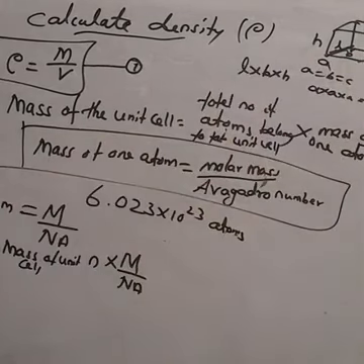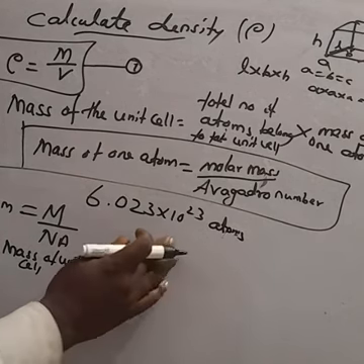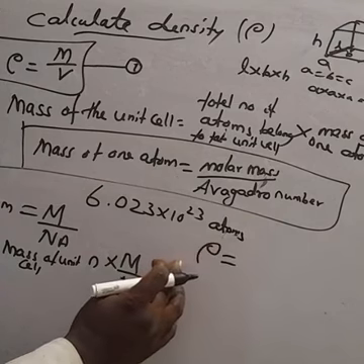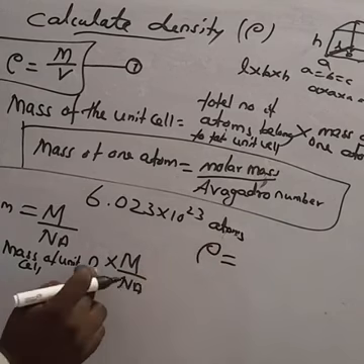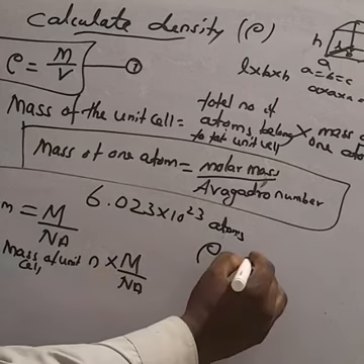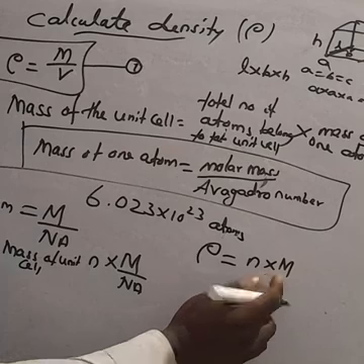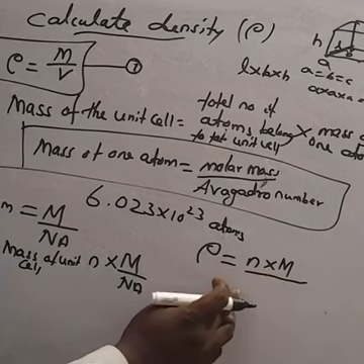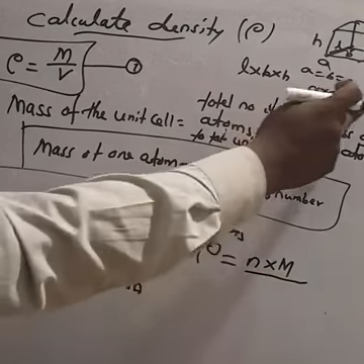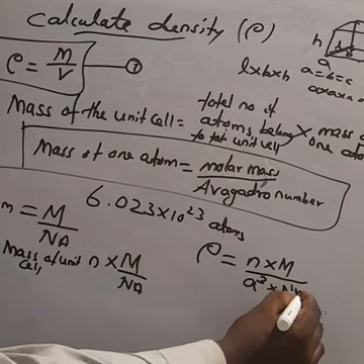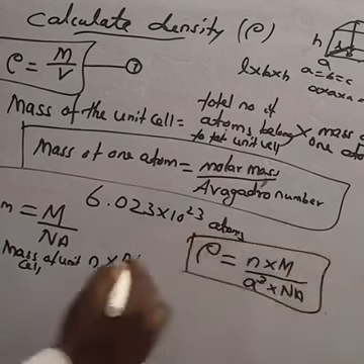So the density of the unit cell, rho, is equal to N into capital M divided by a cube into Avogadro number, Na. This is the equation.